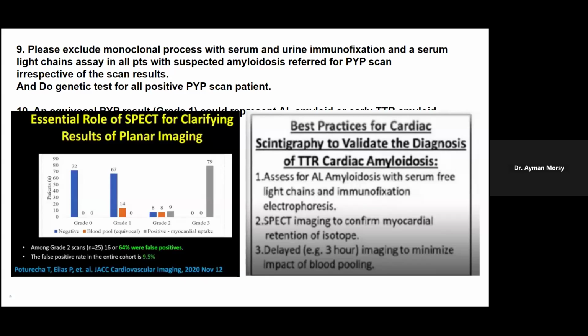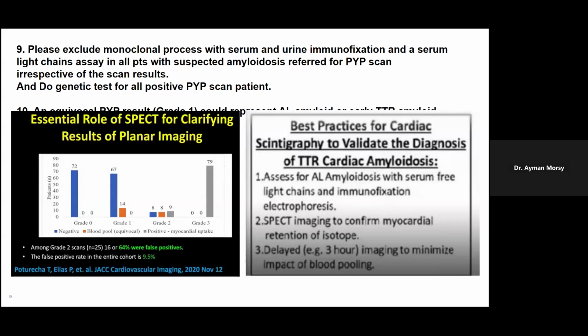So please, we need all our patients to have a scan by SPECT, not by pooling of the blood at 1 hour. That's why the best practice for cardiac scan to diagnose ATTR cardiac amyloid is to always think of AL amyloid first with serum free light chain and immunofixation electrophoresis.